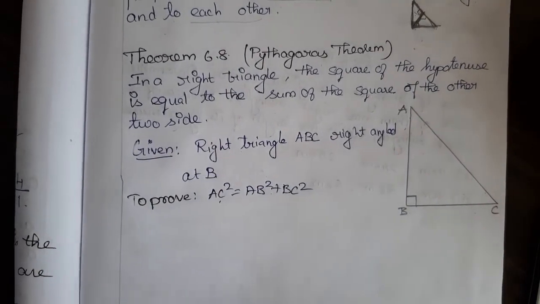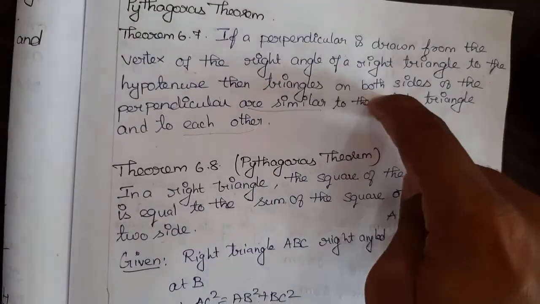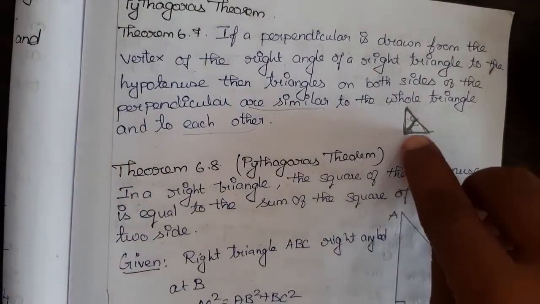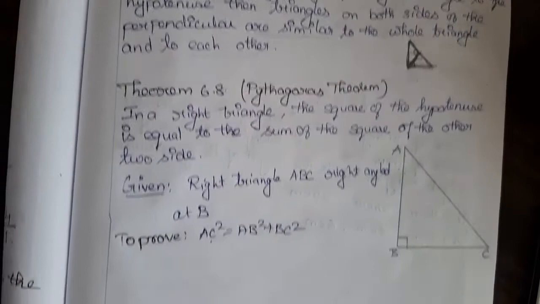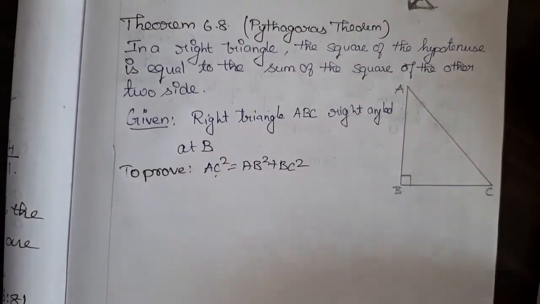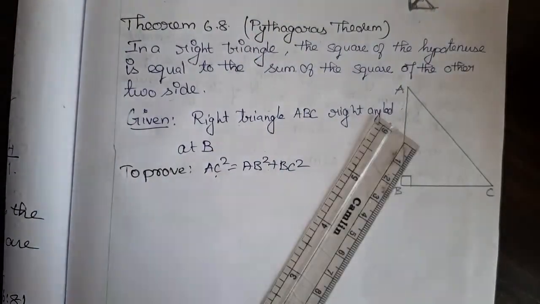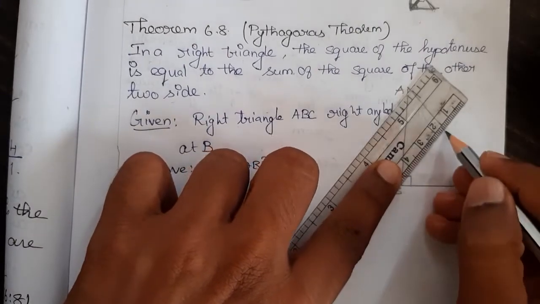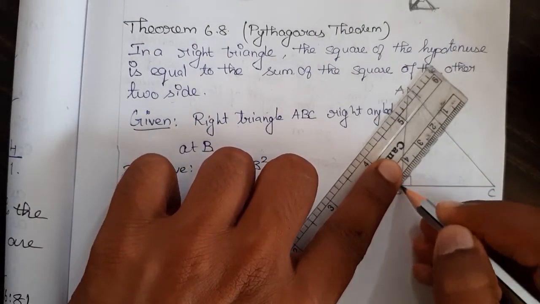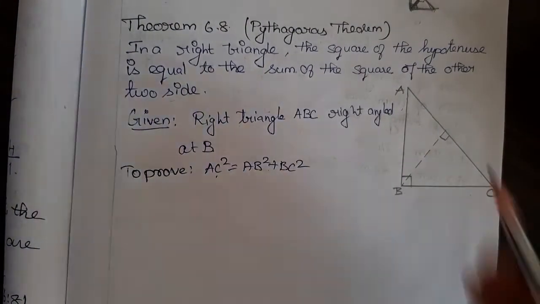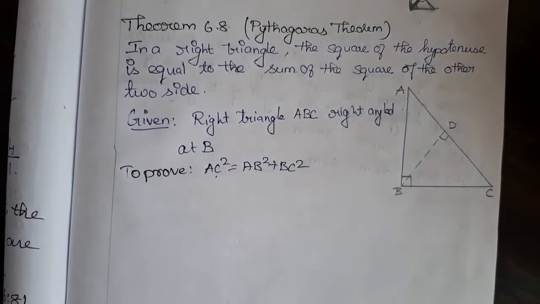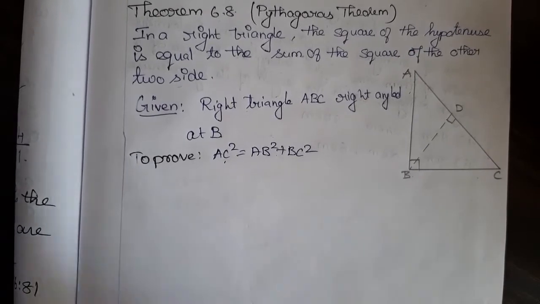So here we are going to prove it with the help of this theorem. This theorem says we draw a perpendicular line from the vertex of the right triangle, right? So like that we are going to construct one perpendicular from B. Here will be the right angle, and let me call this point D. So this is what we constructed.